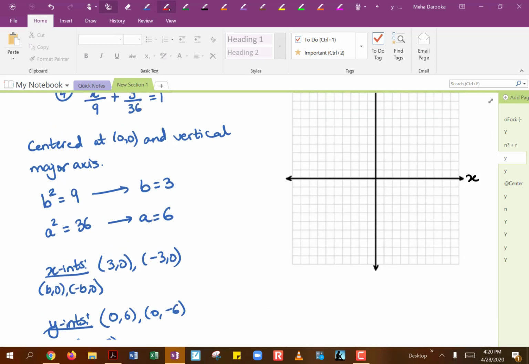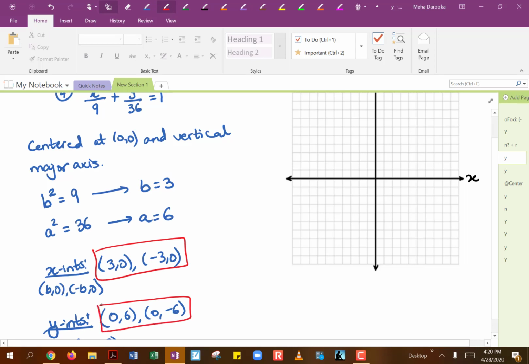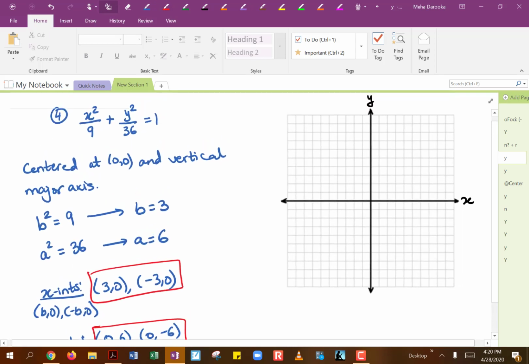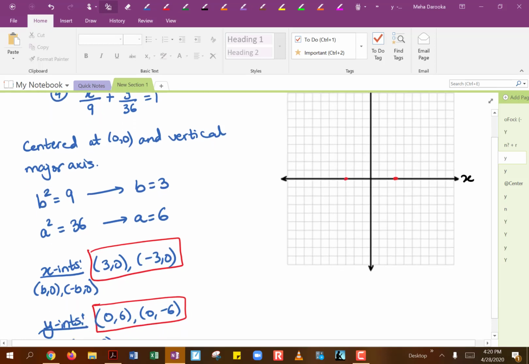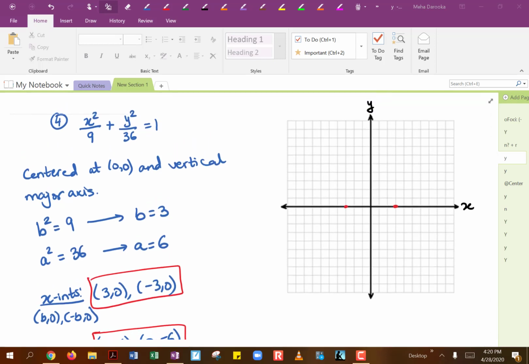Okay, so now that we have our x and y intercepts, we can go ahead and graph this. So let's see, we've got 3, 0, negative 3, 0 as the x-intercepts, 0, 6 and 0, negative 6 for the y, so that's 1, 2, 3, 4, 5, 6, and let's see, 1, 2, 3, 4, 5, 6, there we go, and then just draw your ellipse through those points.